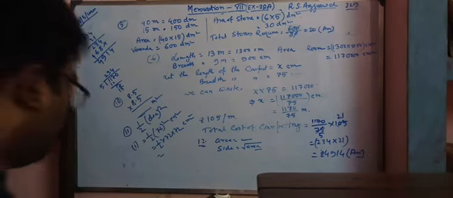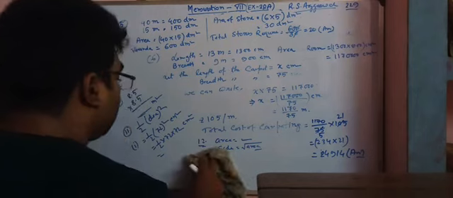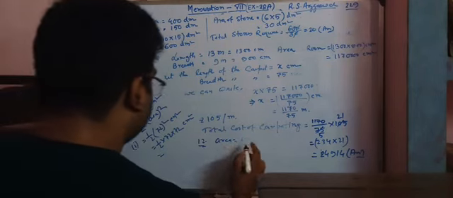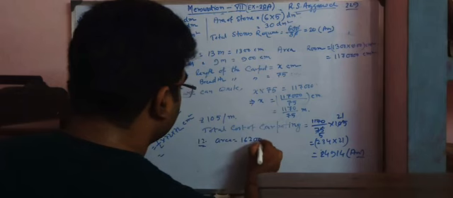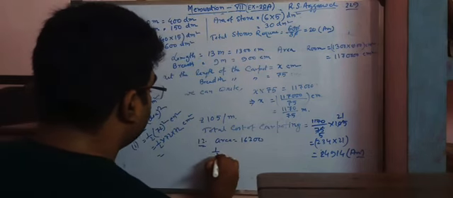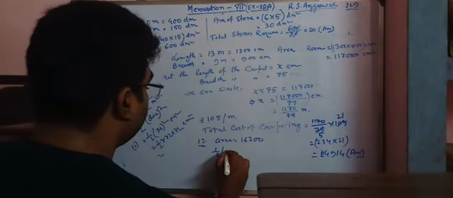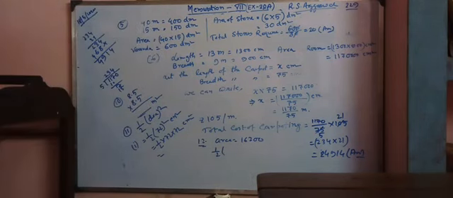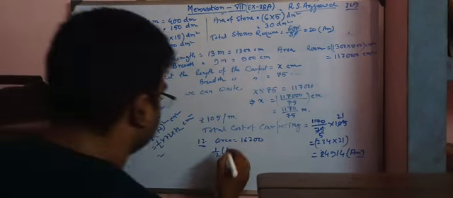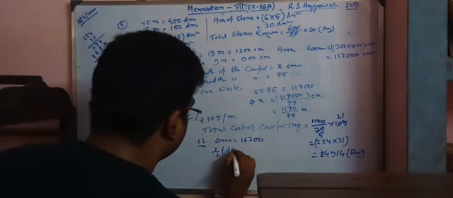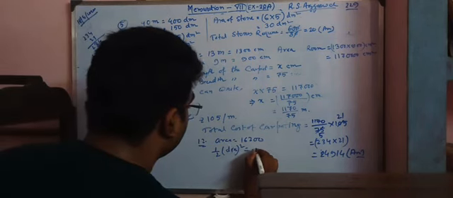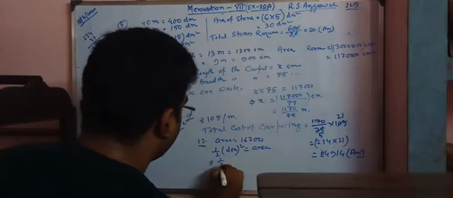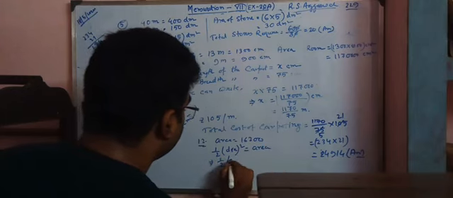Actually, we have to apply it directly. Area is equal to the given 16200, so half into diagonal square is equal to area, so diagonal square is equal to 2 times area. We know the diagonal is equal to root 2 into side.